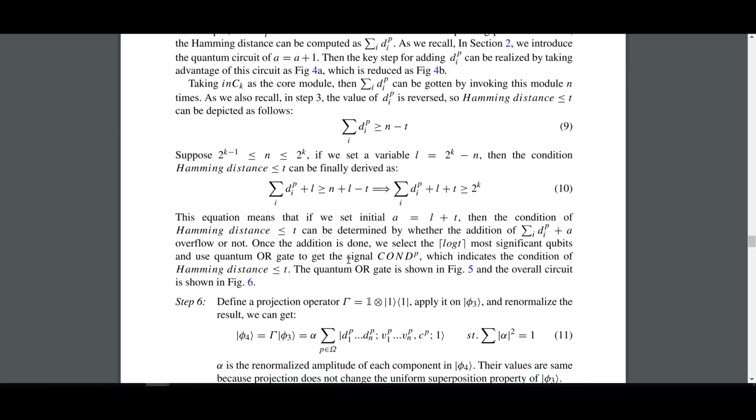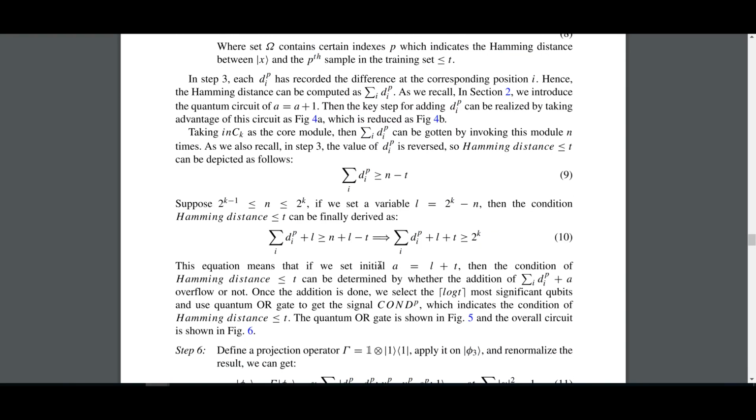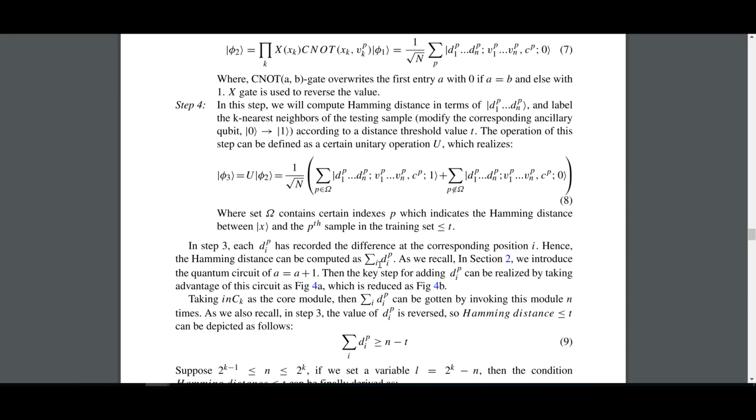And once the addition is done, we select the most significant qubits and use quantum OR gate to get the signal, which indicates the condition of Hamming distance. Mm-hmm.